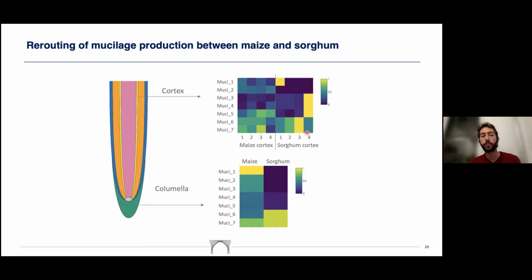So we think that there is a rerouting of mucilage production between maize and sorghum, and we have multiple other genes that participate in the different components of the mucilage that still agree with this switch.